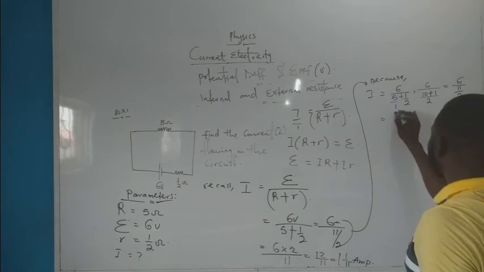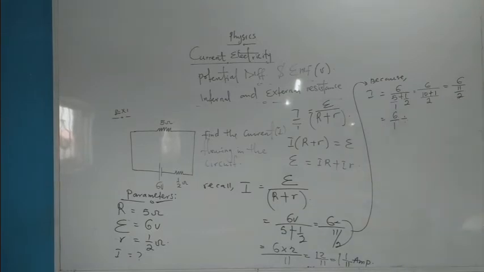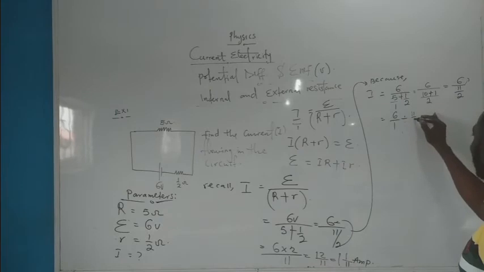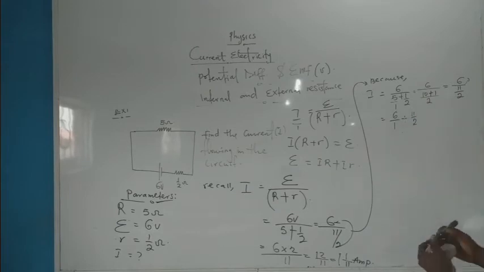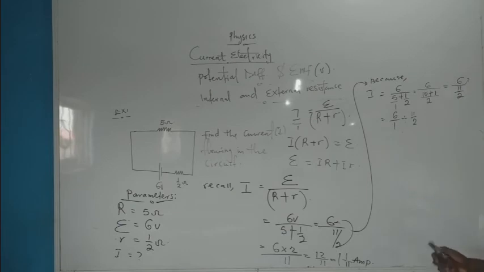So this is still the same thing as 6 upon 1 divided by 11 over 2. My teacher said that to change this to multiplication, this and this must swap. They will interchange. That becomes 6 upon 1 times 2 upon 11.